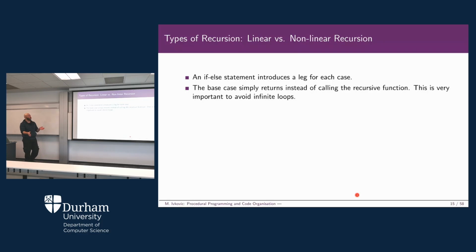So if some criterion is reached, we're at the end, we're terminating. So it introduces a leg for each case. And the base case simply returns instead of calling the recursive function. And again, very important in order to avoid infinite loops.